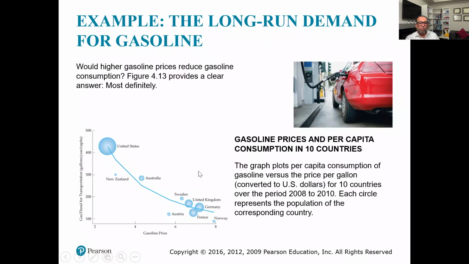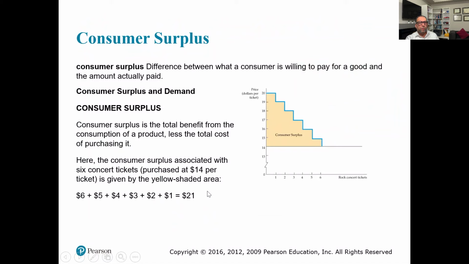Everyone here is willing to buy the biggest cars with large engines, and consumption is very high as compared to people living in Sweden, Norway, Austria. These are small countries, and they live in very concentrated cities, and there is not a lot of consumption of oil there, and their public transport is very efficient, so that's the reason they are consuming less.